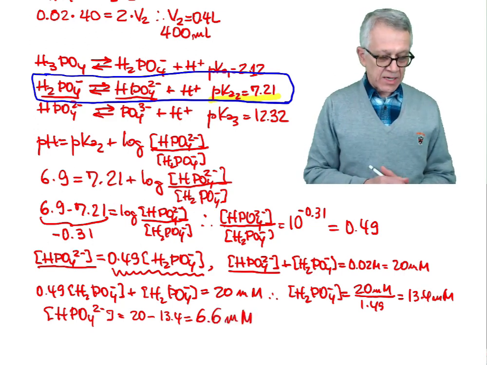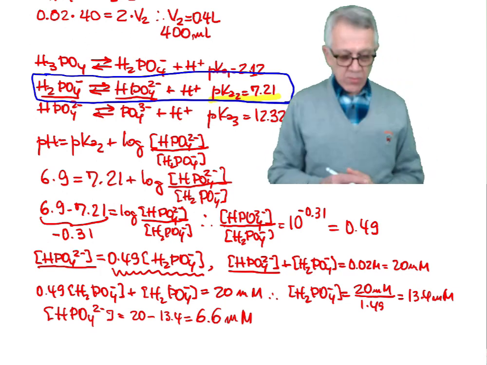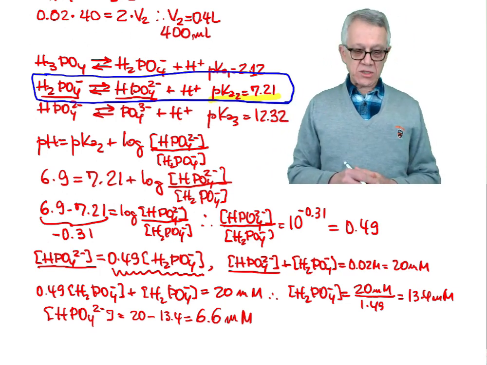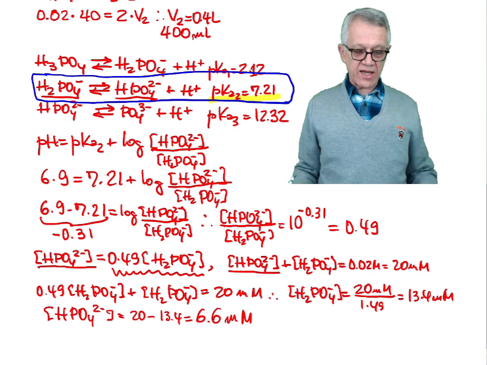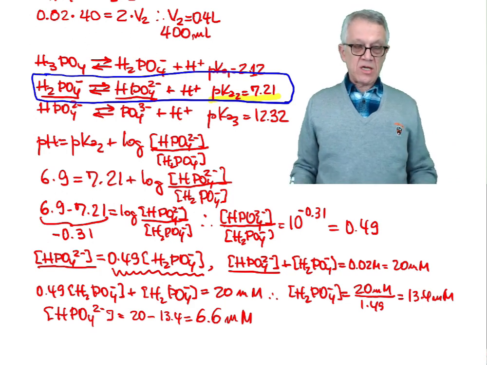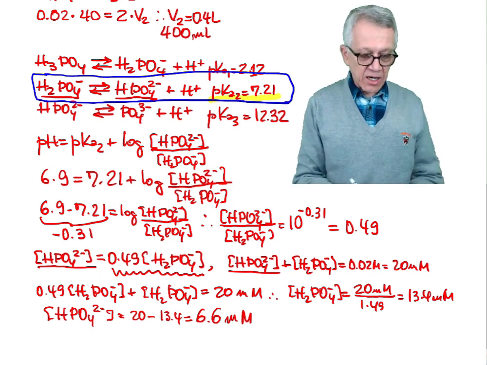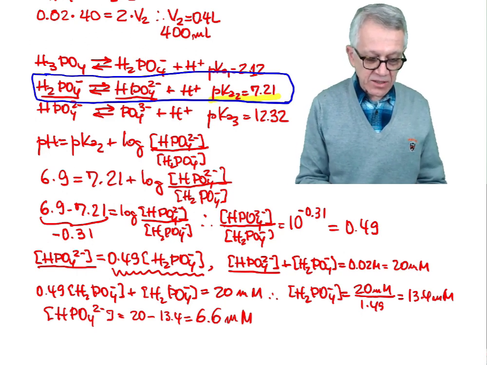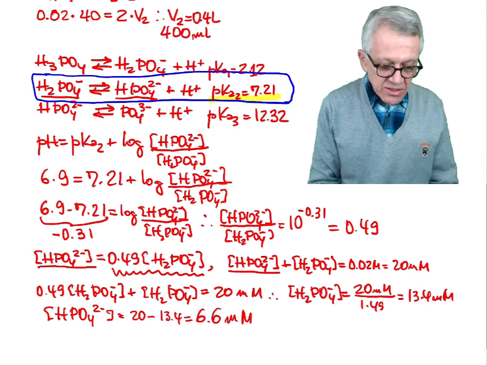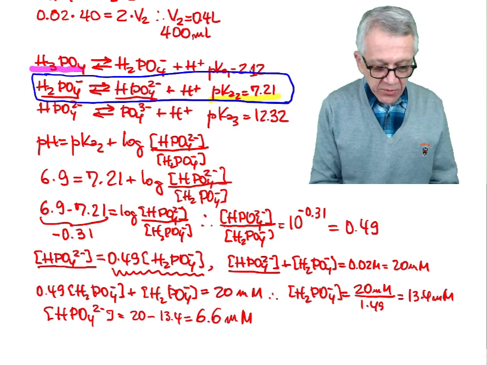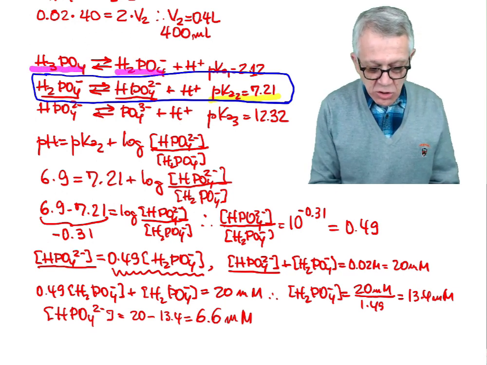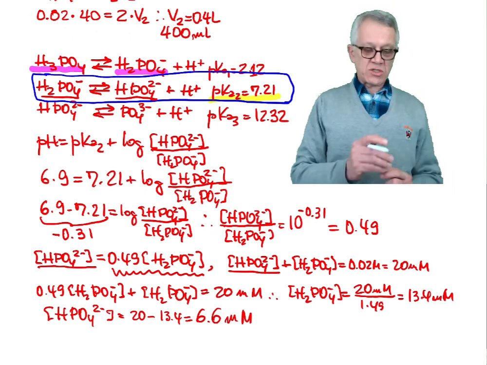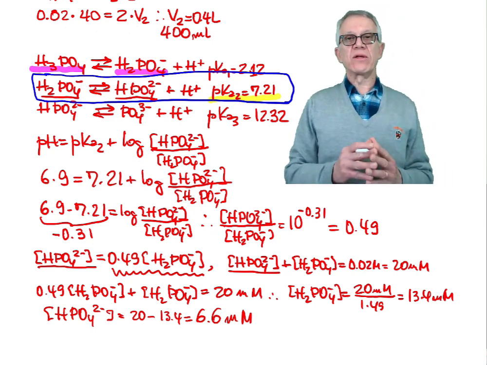Okay? Now, how much KOH am I going to need in here? So I know exactly what I have. The first thing I have to do is add enough KOH to bring this first reaction, let me highlight it here. First thing I have to do is to pick up my H3PO4 and make it H2PO4. For that, I need 1 mole equivalent.